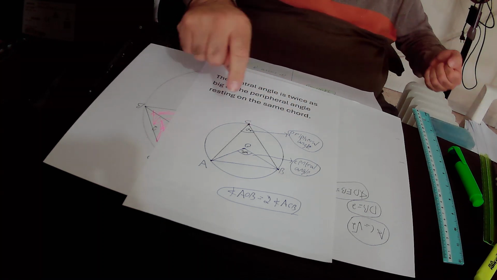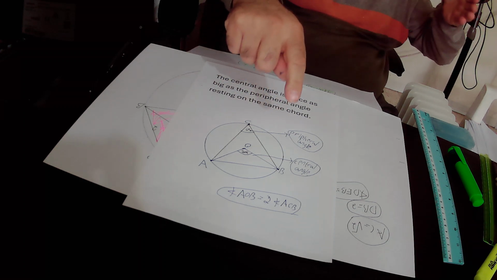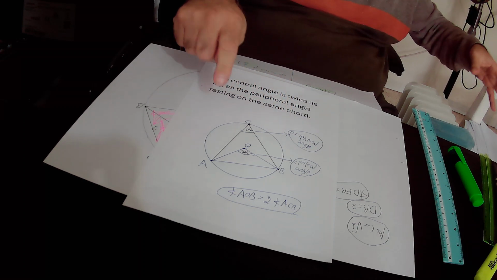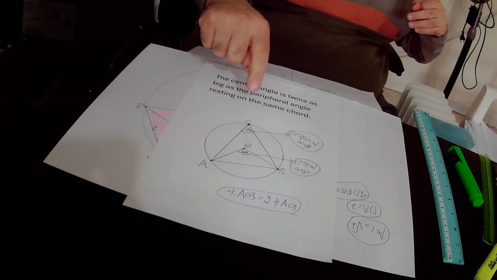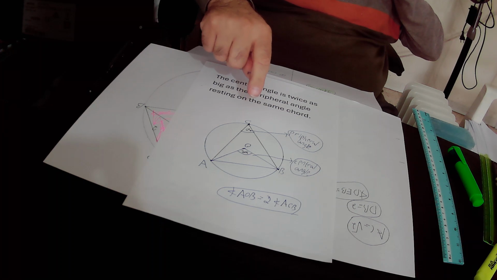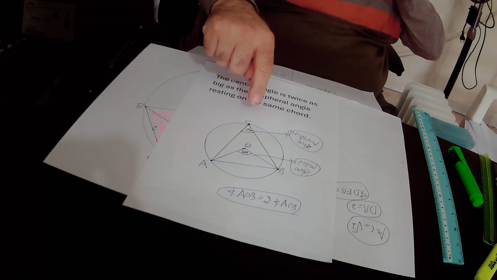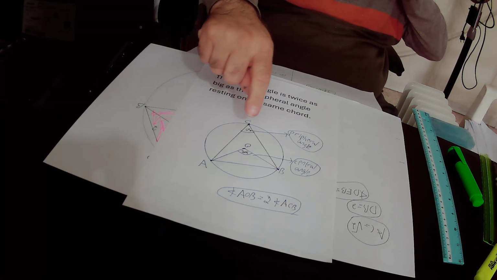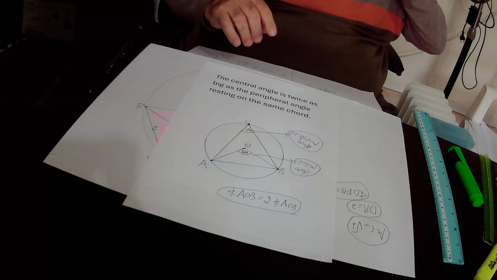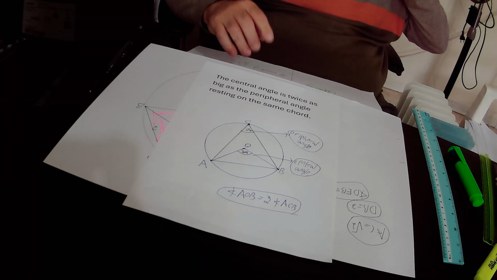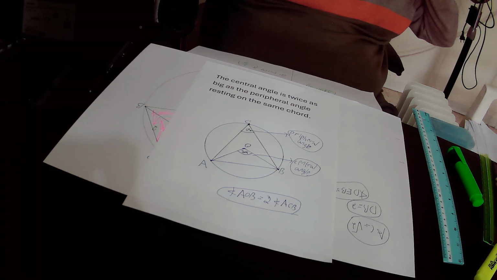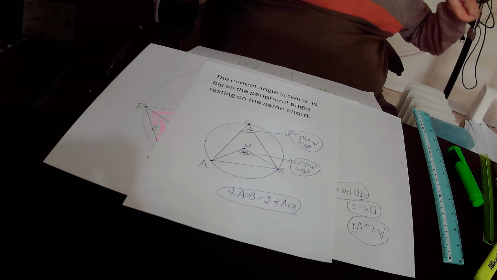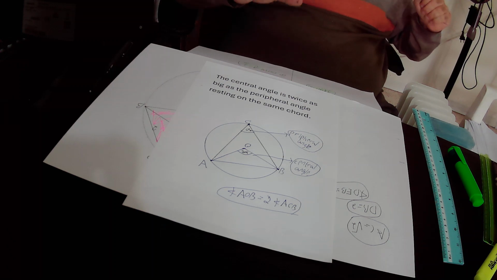Therefore, the central angle AOB that rests on the same chord AB must be twice as big as the peripheral angle ACB. Because angle ACB equals alpha, the central angle AOB must be equal to 2 alpha. So, the central angle is twice as big as the peripheral angle that rests on the same chord.